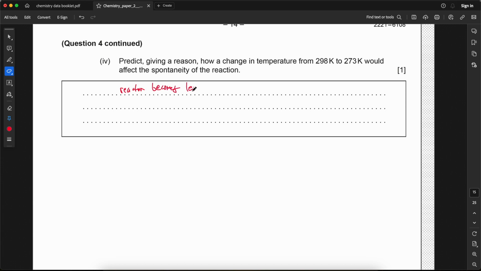Okay, delta G equals delta H minus T delta S. Negative T delta S becomes less positive, so delta G becomes less negative or more positive as well, but delta G is still negative. So when delta G is negative, it is spontaneous.